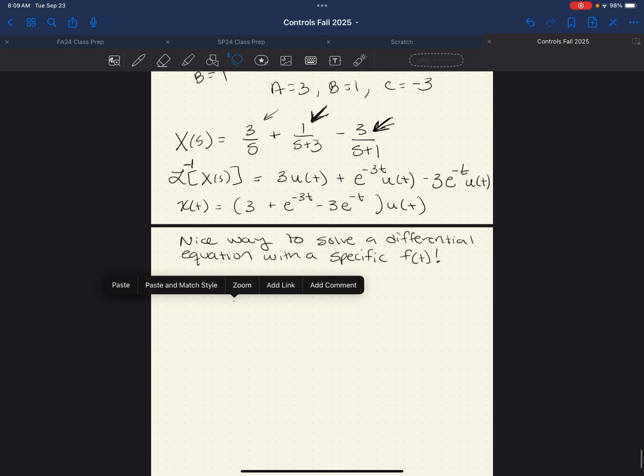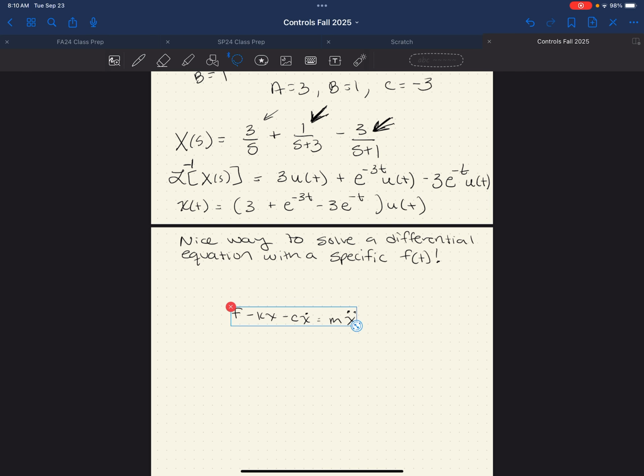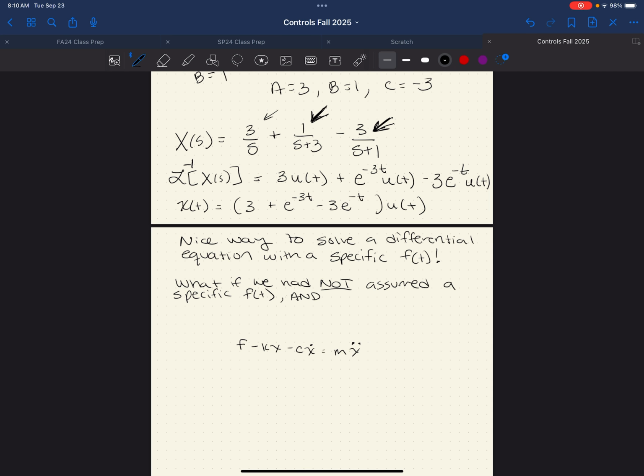Instead of saying that f is equal to 9 times u, let's say, what if we had not assumed a specific f of t, and we had assumed all 0 initial conditions?